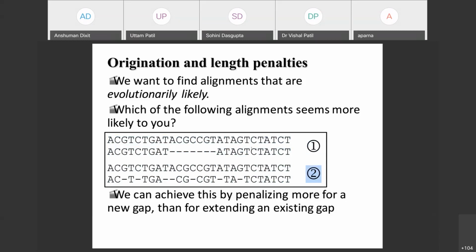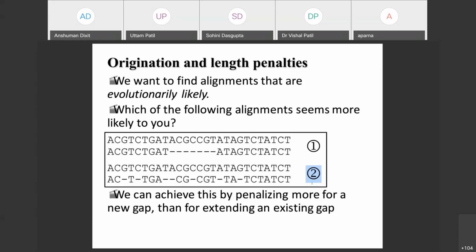In the first case, you can see there are two blocks. One block is aligned completely here, then you have a gap, and then you have another block which is completely aligned. In the second alignment, there is a block, then a gap, here again a gap, then more gaps. So there are multiple gaps inserted into the second sequence.